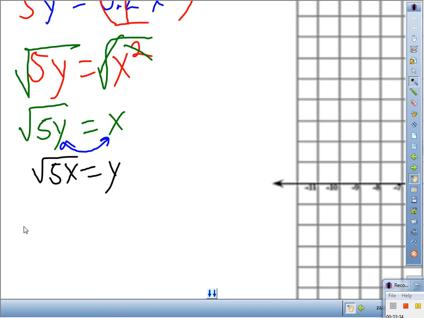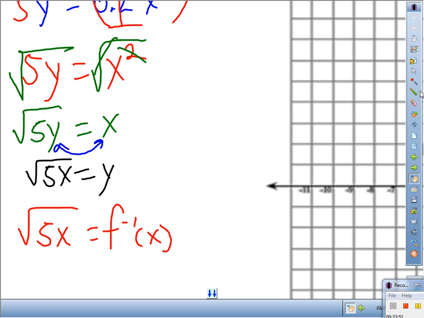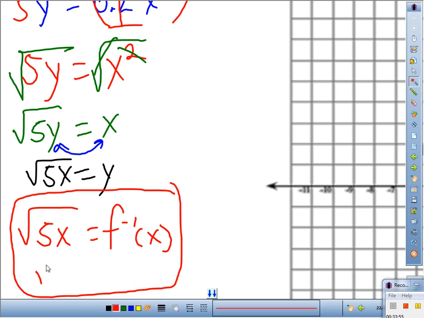No, we rewrite it as square root of 5x equals f inverse of x. And you know how to do the checks and all that, yes? All right, let's do the check. And make sure you write inverse so that you make it obvious.